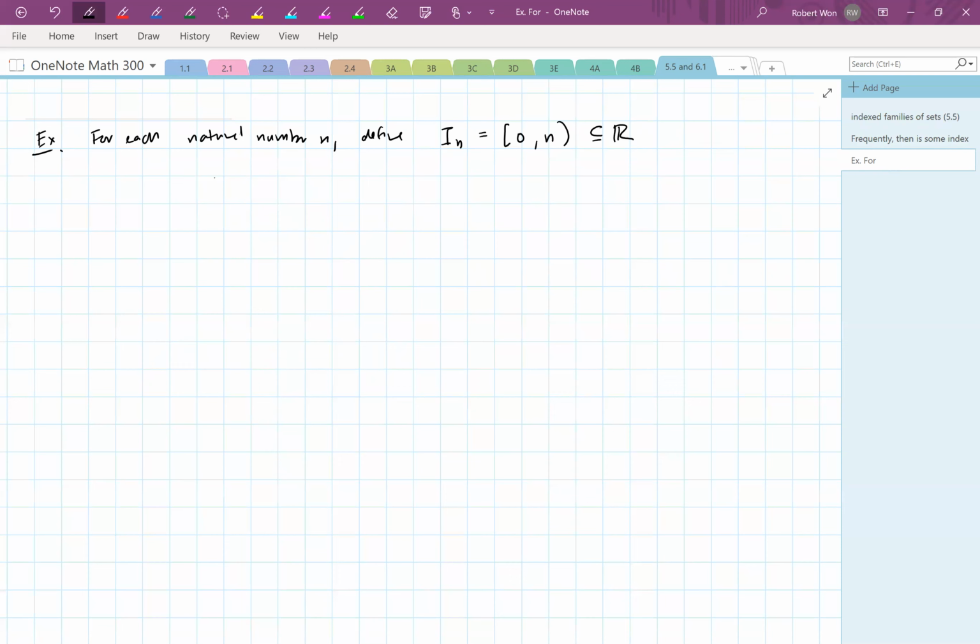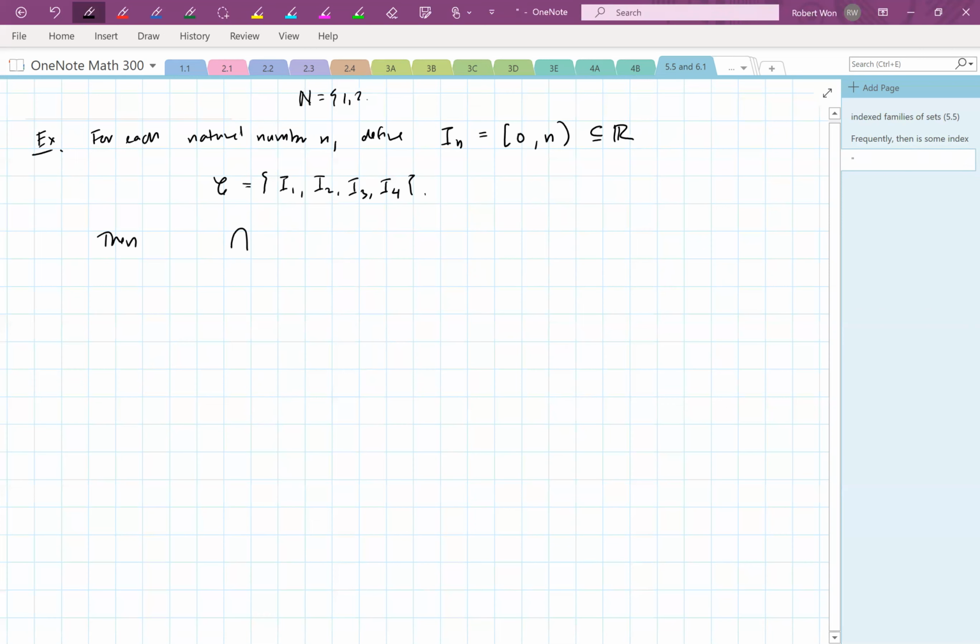Now I could let C be the family of sets I1, I2, I3, I4. By the way, here by natural numbers, for today, let's just start them at 1. Otherwise, I_0 is not actually defined.